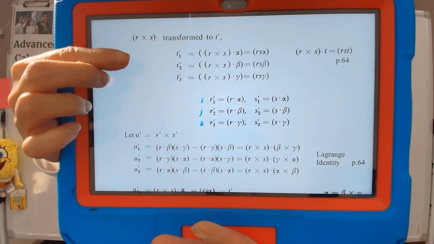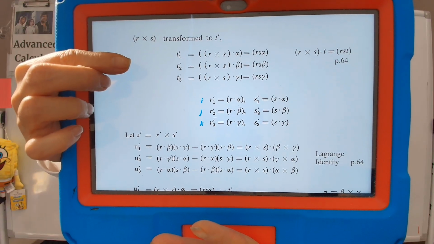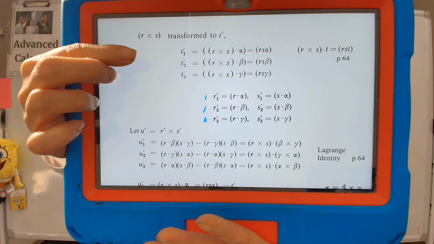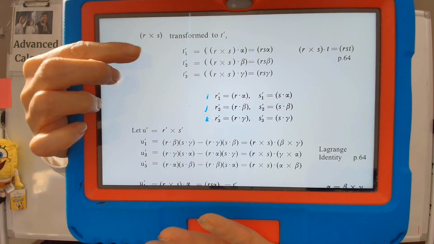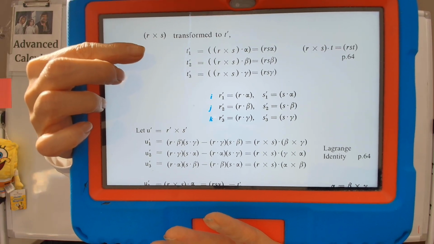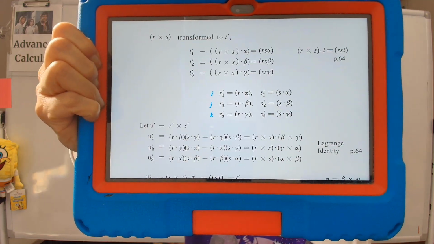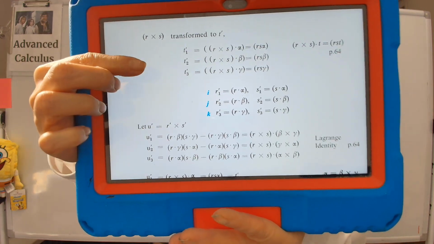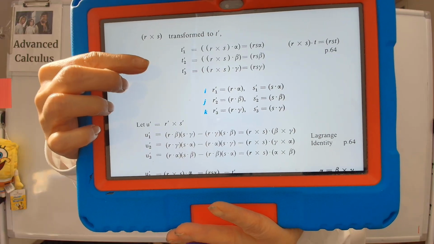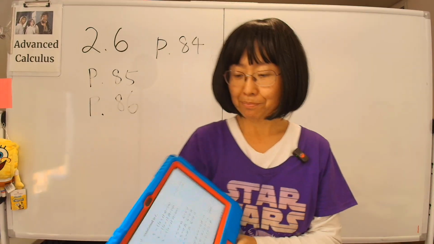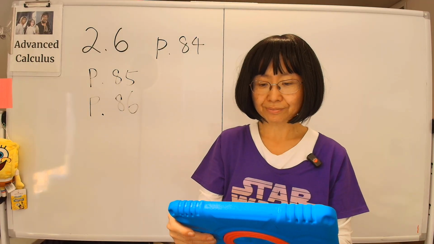By definition, the first component is R cross S dot alpha, which can be written as R S alpha by some rule on page 64. Next, R cross S dot beta, again same thing, R S beta, and the third one becomes R S gamma. So we'll put that away for a second.